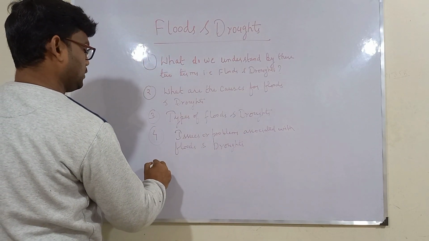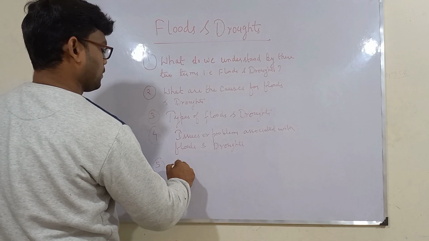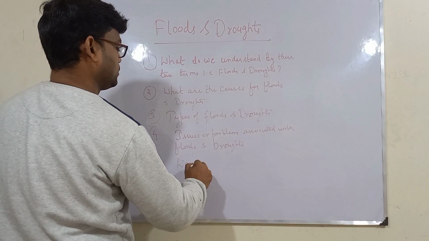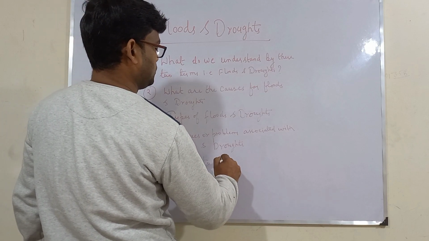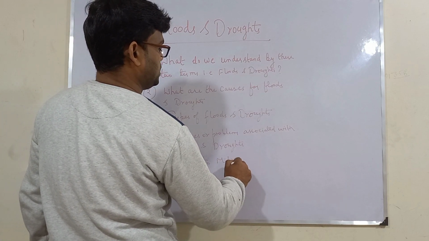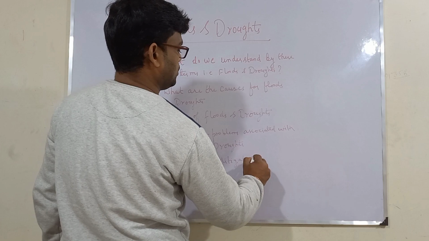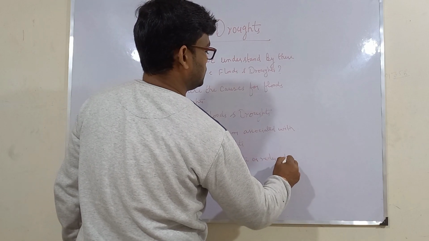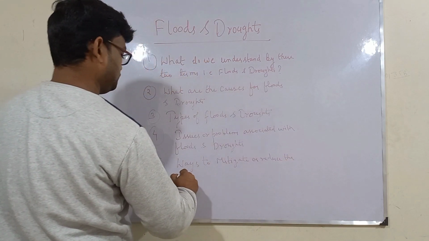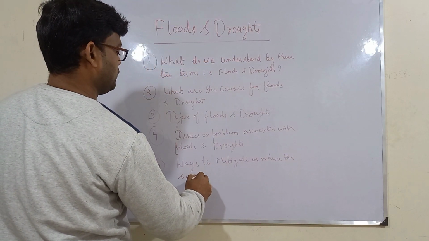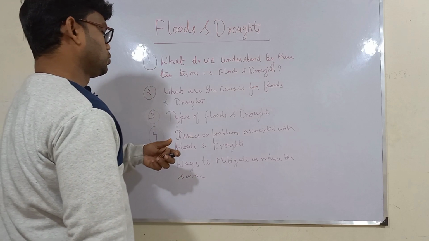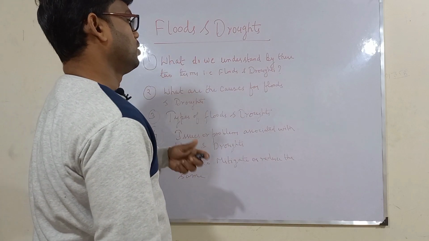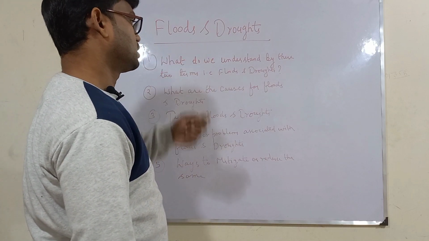And the fifth and the final one is ways to mitigate or reduce the same. Means ways to mitigate the floods and drought, or the effect or impact of floods and droughts.